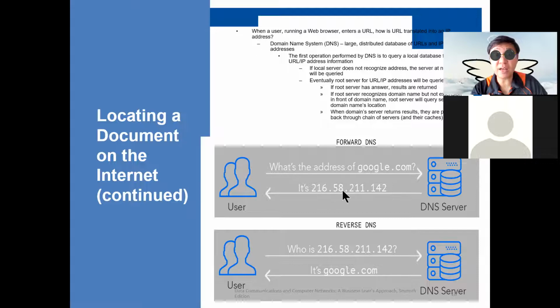If you know this IP address, you can actually type http://216.58.211 if you remember, so you can type this also. That's even easier than this translation, right? But you have to remember this. Okay, so you can do a forward DNS, it will return the IP address. But if you put in the IP address, it can also return you the string, the domain name.